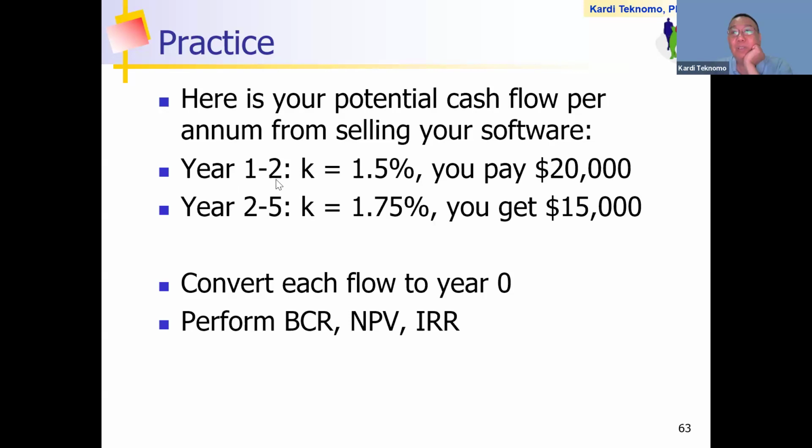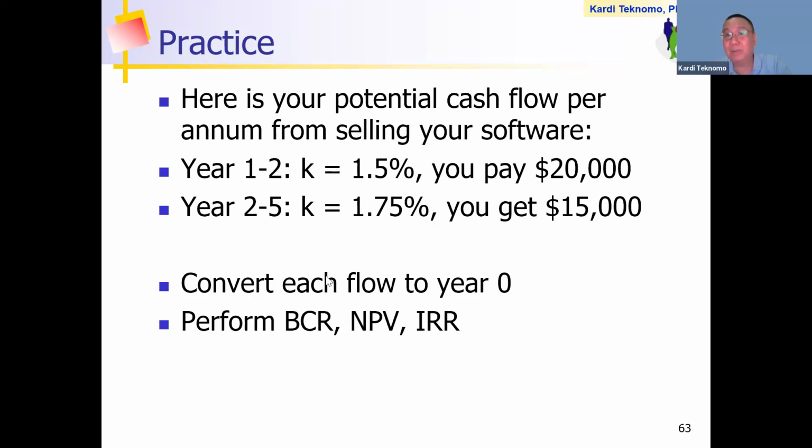In the first 2 years, this is the interest rate, and you pay 20,000. Then in years 2 up to 5, this is the interest rate, and you will get 15,000.